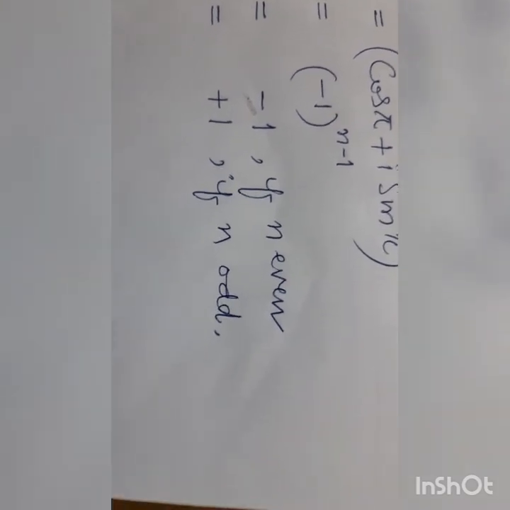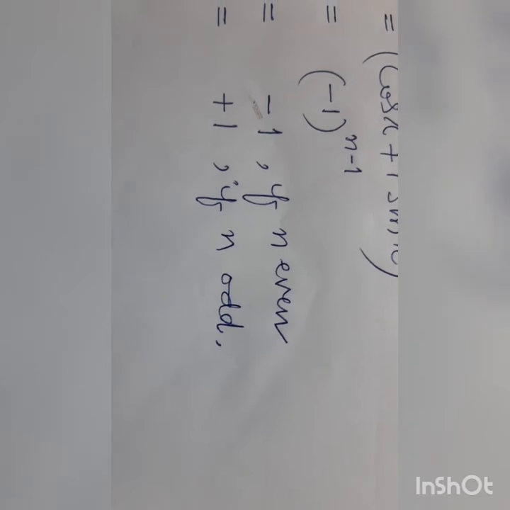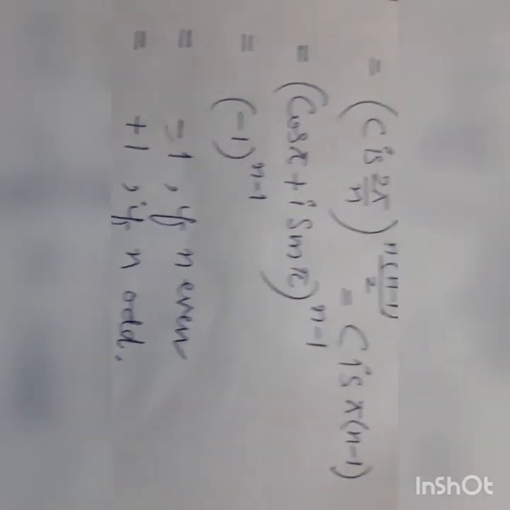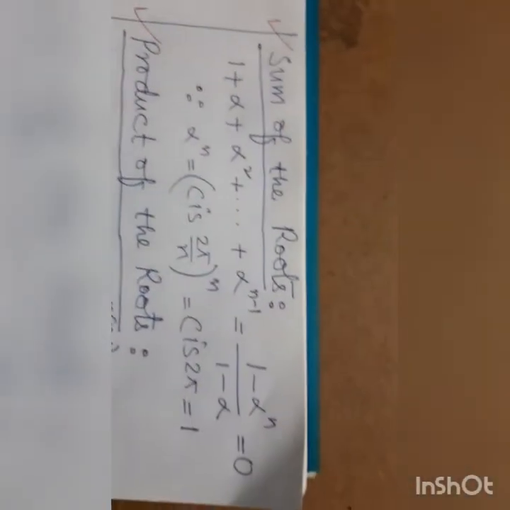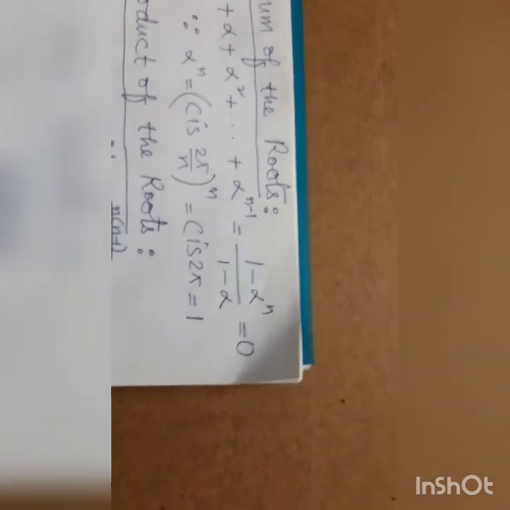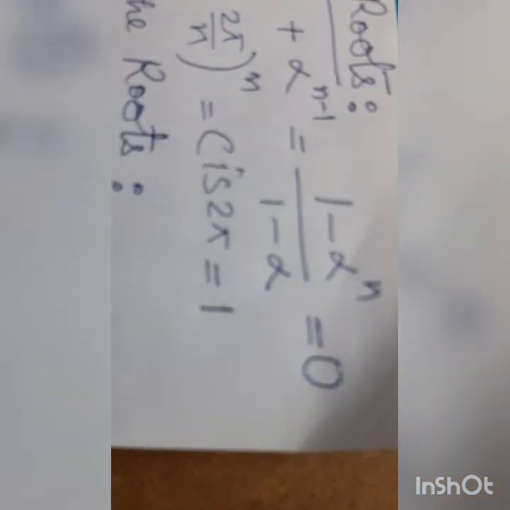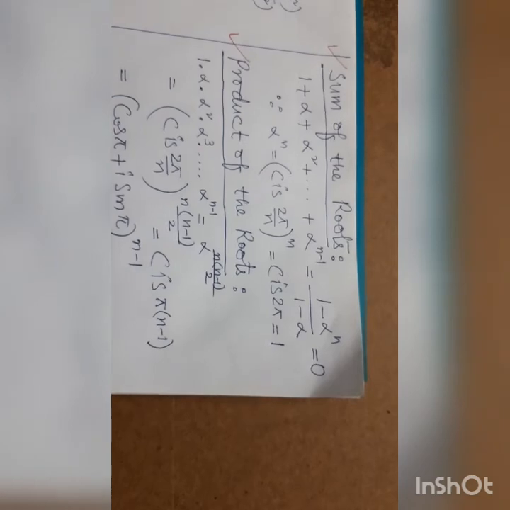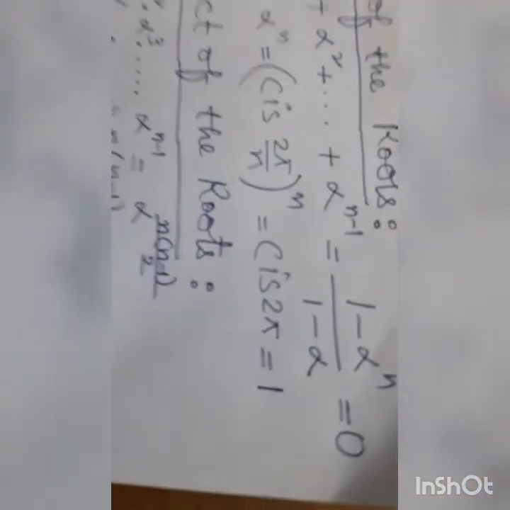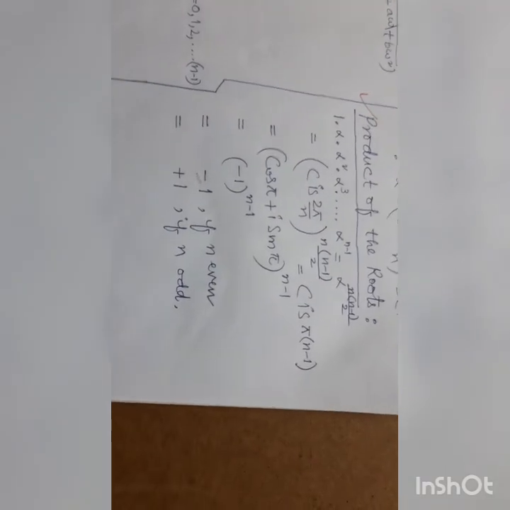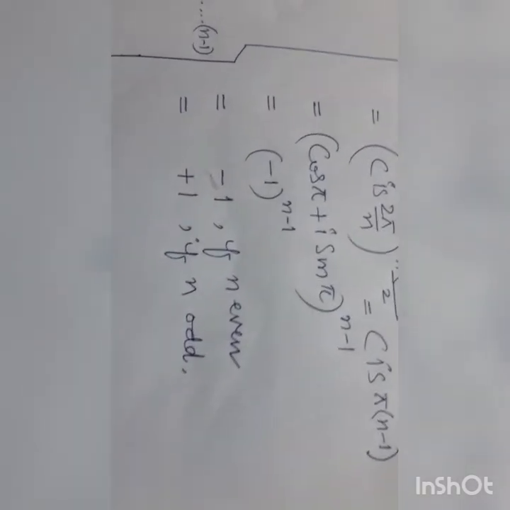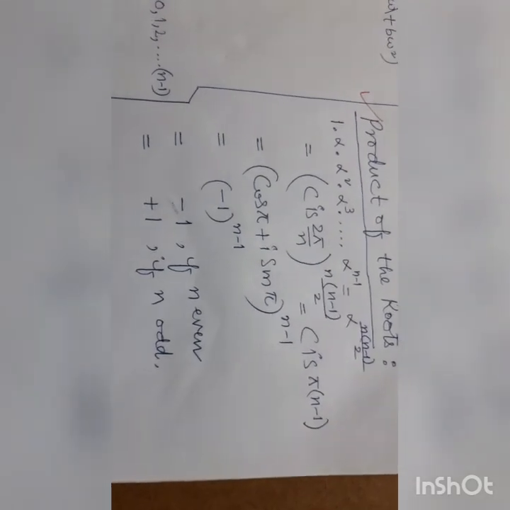This is up to nth roots of unity. The sum of the nth roots of unity is 0. The product of nth roots of unity is minus 1 to the power n minus 1. This is a very important result.